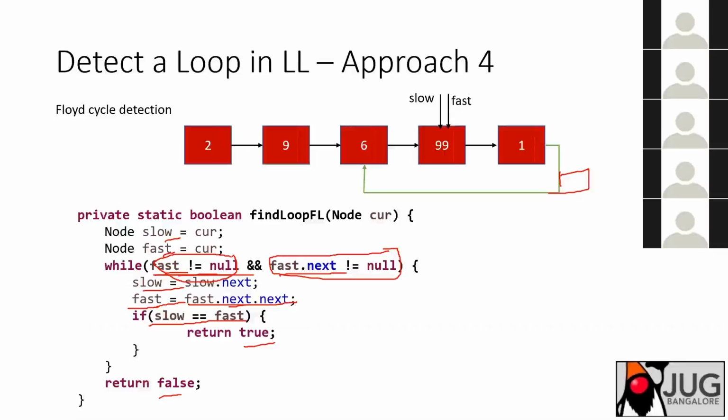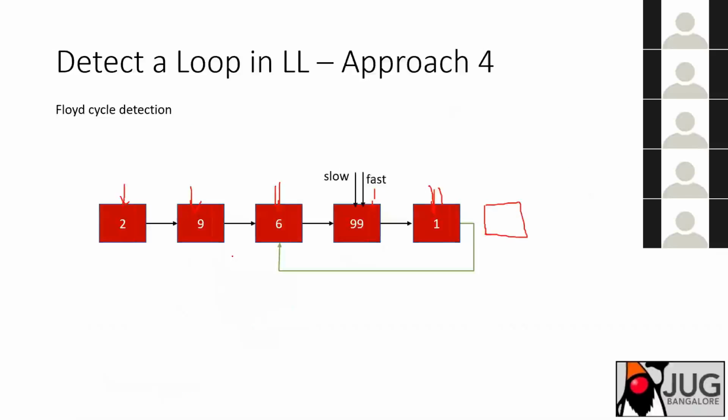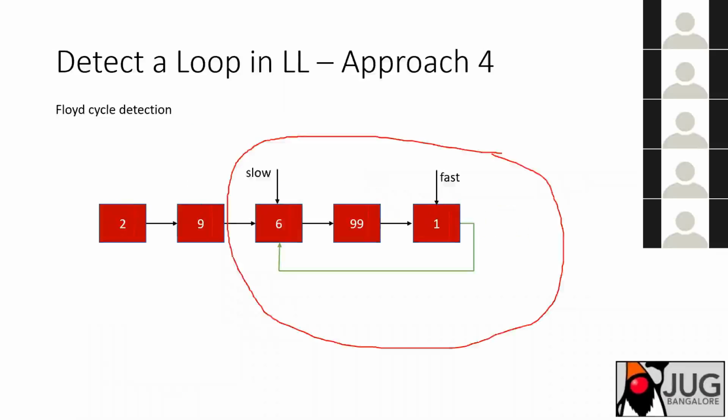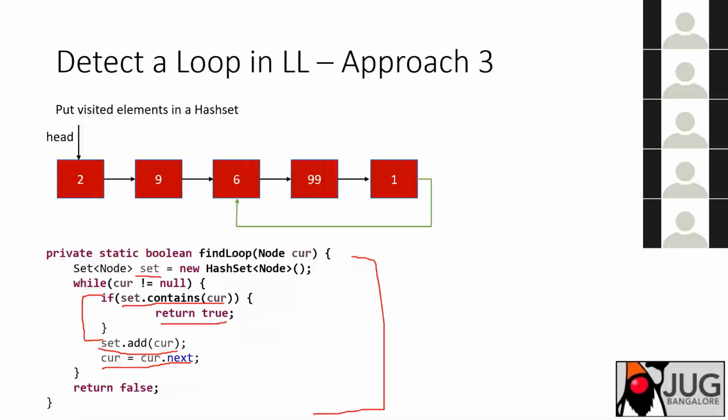There's another problem with approach 3. If you have overridden the equals method to check the value, then it won't work if there's a duplicate element in the linked list. Duplicate element? No, I'm storing the node references, the references in the heap. The only problem is if the equals method of the node is overridden.